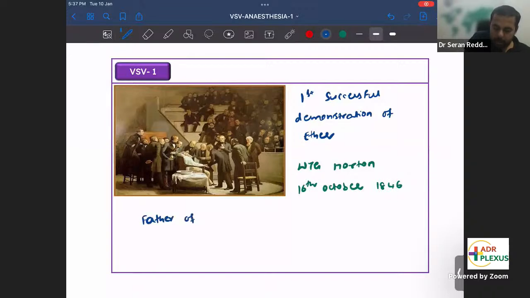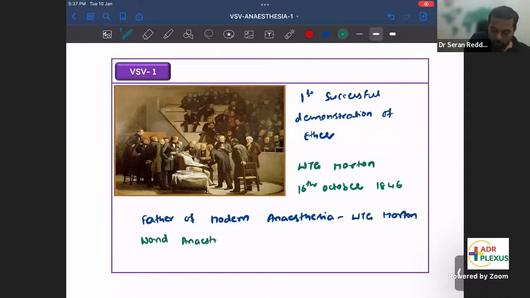Morton is called the father of modern anesthesia, and World Anesthesia Day is celebrated on 16th October of every year. That's all about this image.